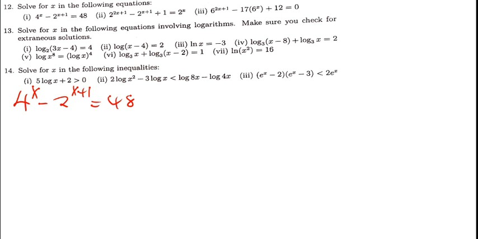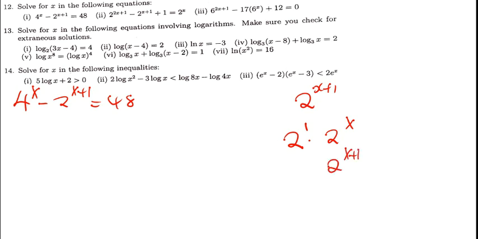Now, initially, when you have 2 raised to the power x plus 1, for them to add the powers, the bases were the same, meaning it was 2 raised to the power 1 times 2 raised to the power x. So if the bases are the same, we add the power. So it was 2, then x plus 1.